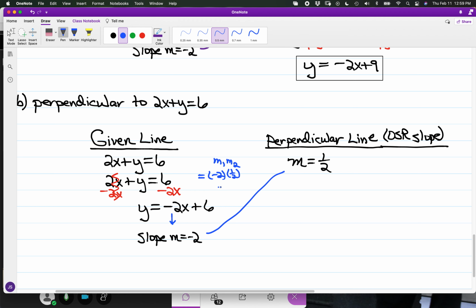Again, the product of the slopes will be -1. And the point through which the perpendicular line passes is the same as what we have with the parallel, so it is also going through (2, 5).